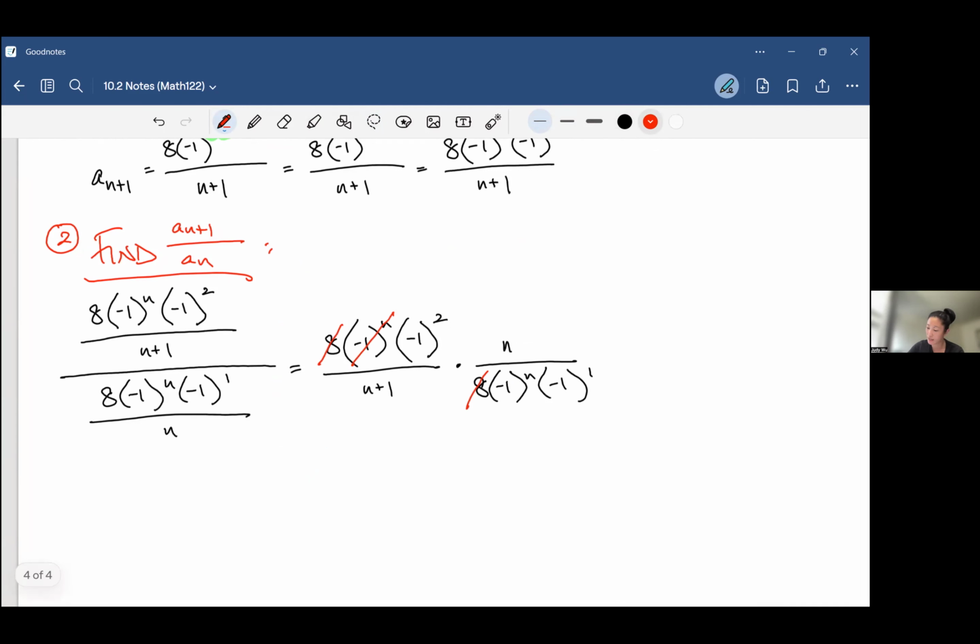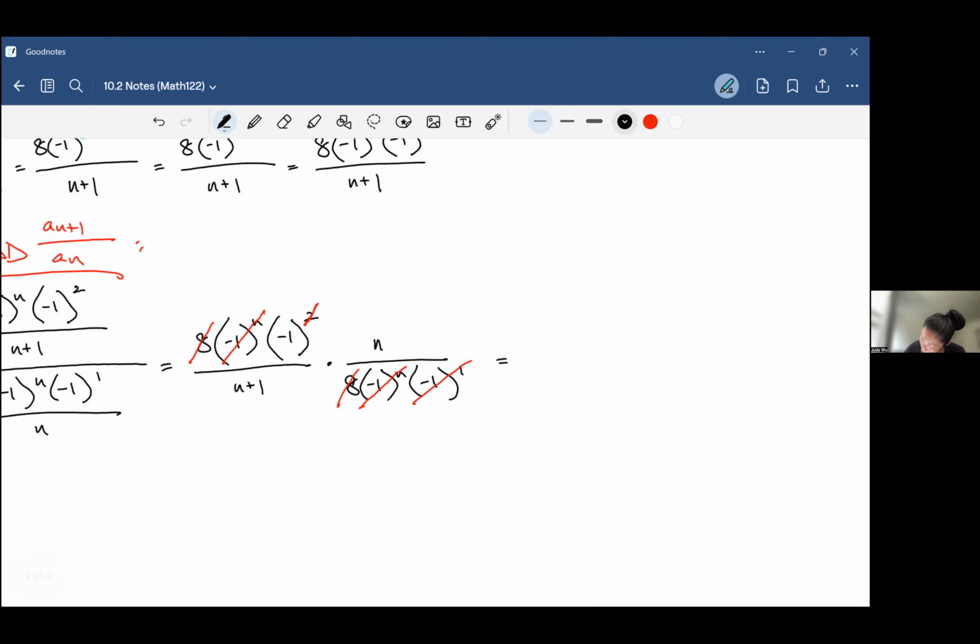Negative 1 to the n, negative 1 to the n, go to 1. Nothing else quite cancels except for one copy of this negative 1 cancels with that one. But this n and that n do not cancel because this is an n plus 1, like it's connected to a plus 1, okay? Now, what does that give us? It gives us negative 1 times n over n plus 1.